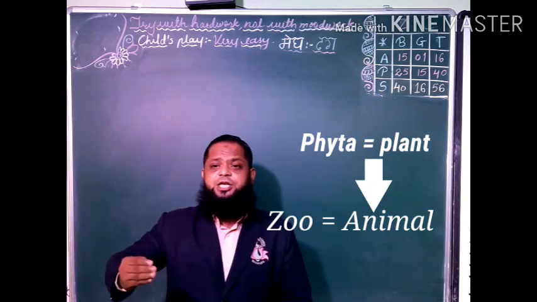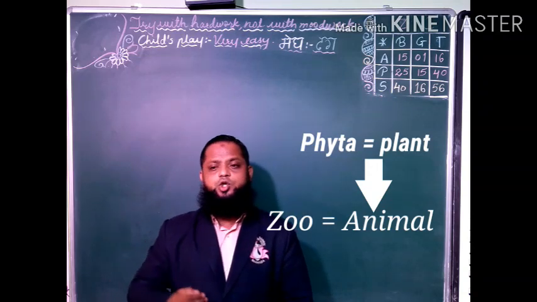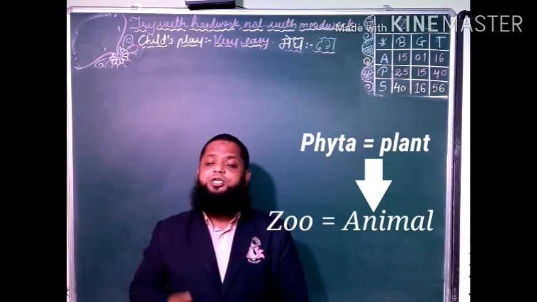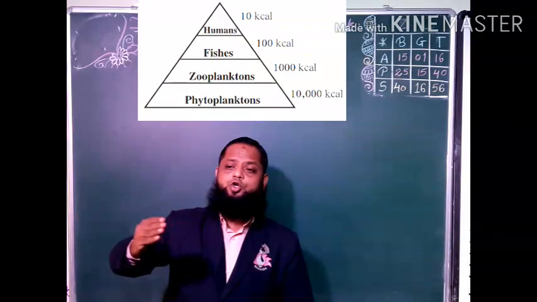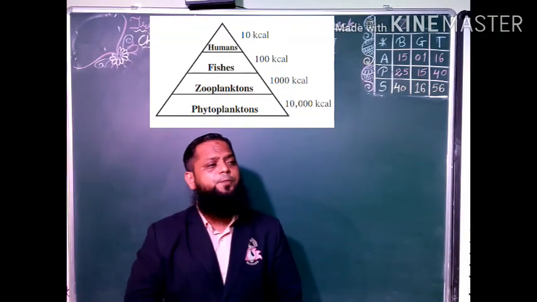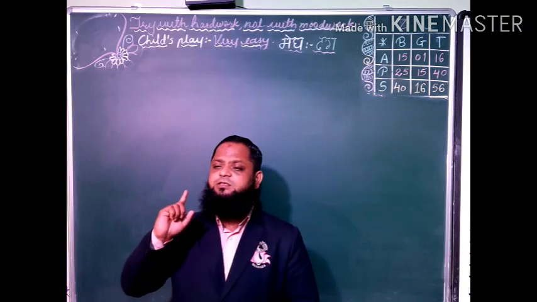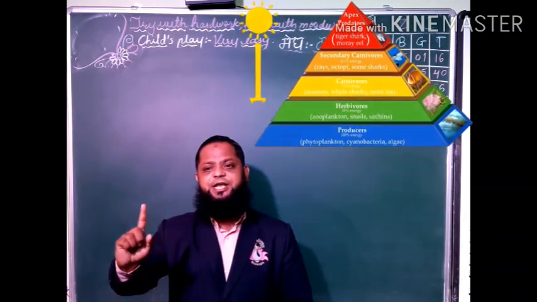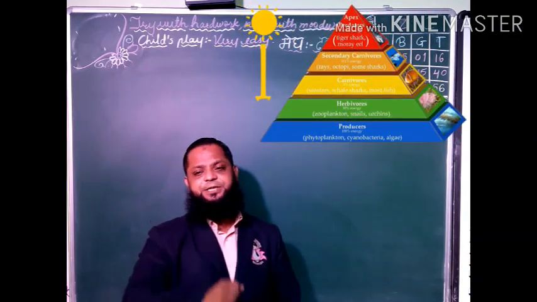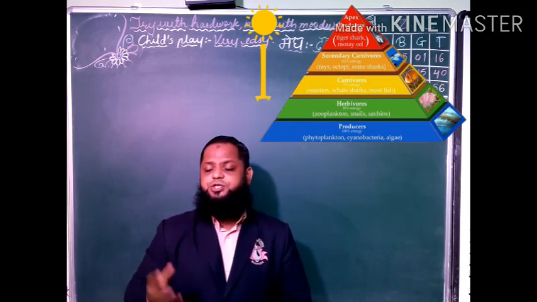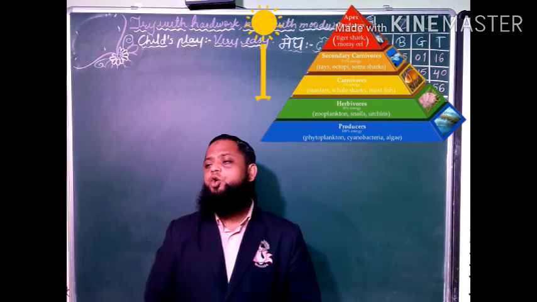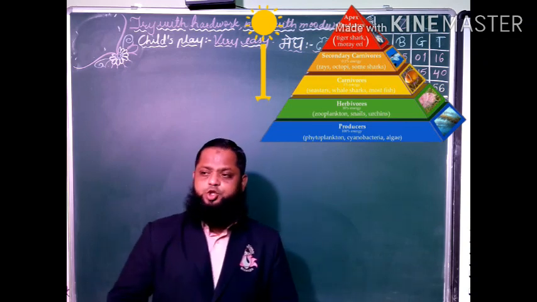The energy stored in the phytoplankton is 10,000 kilocalories, but only a part is transferred. Zooplankton stores 1000 kilocalories of energy.